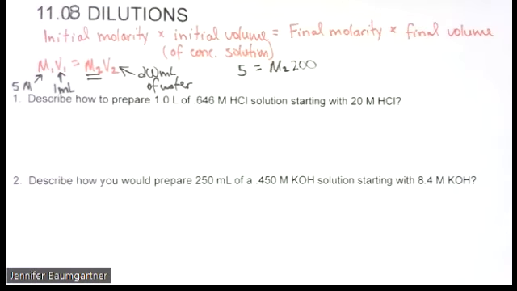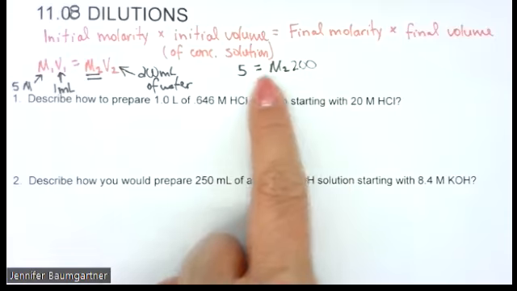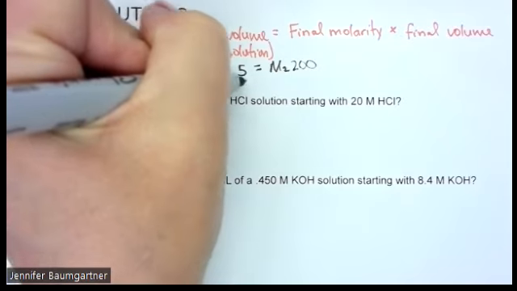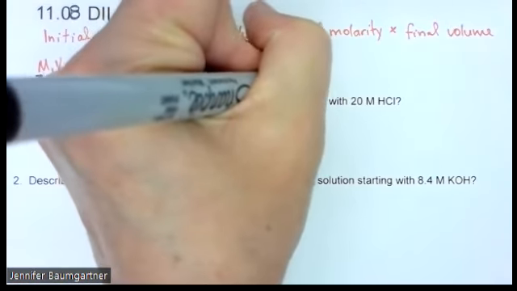If you have the same units on both sides, you can get away with not converting, as long as I have mils on this side and mils on this side. Be careful: one of the common mistakes is to take 200 divided by 5. That's not right. You have to divide both sides to get the variable by itself. So you take 5 divided by 200, and the molarity of the glass of water you're drinking is 0.025.